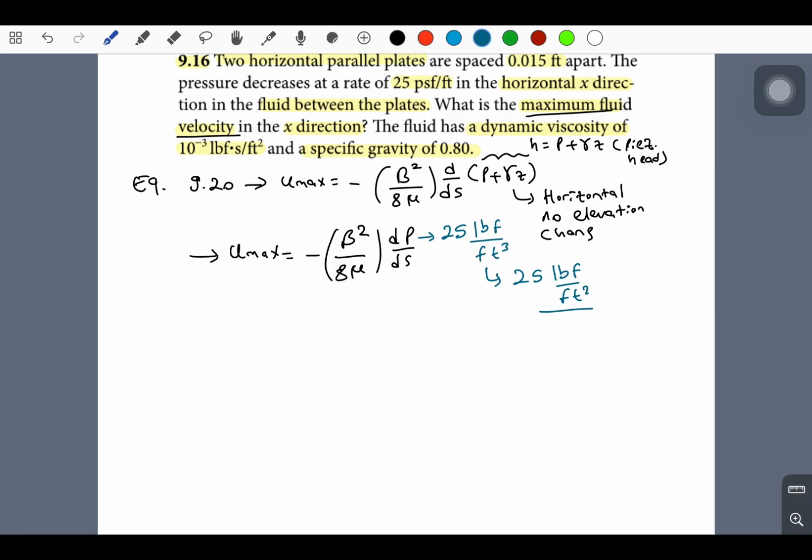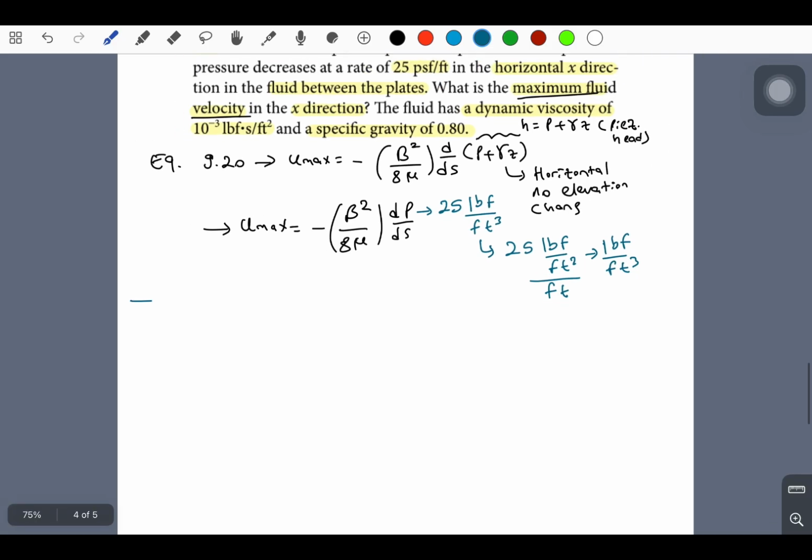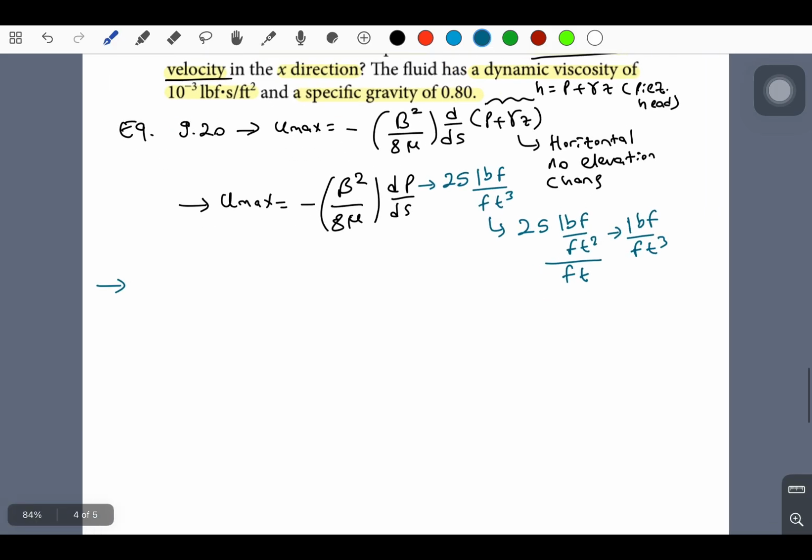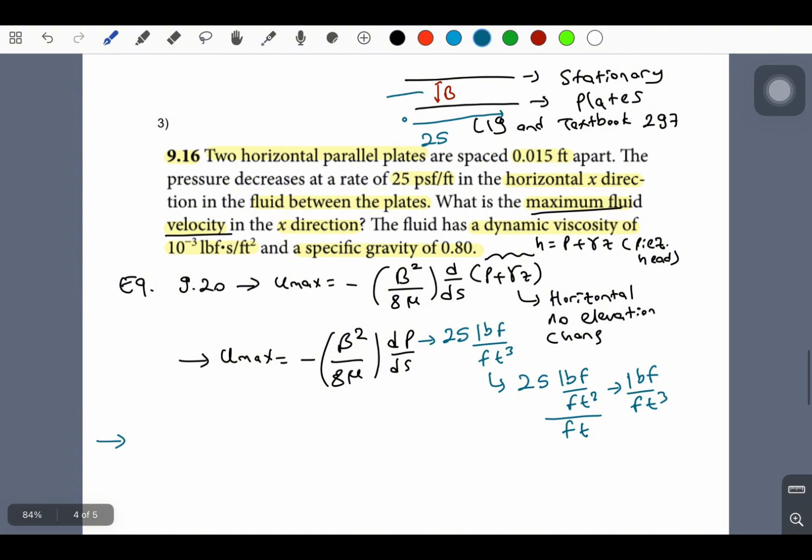Since the pressure decrease rate is 25 psf per foot, we will get pound force per cubic feet. So let me write everything we have to calculate the u max. B is the distance between these two plates, so it is 0.0015 feet.